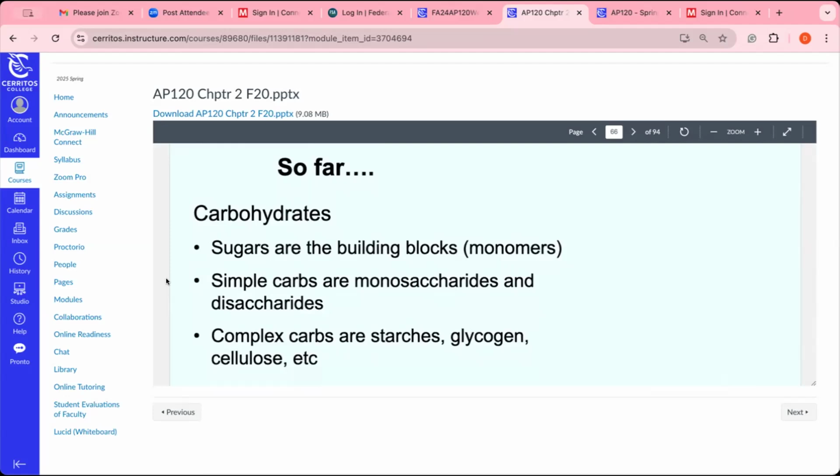Complex carbs are starches, glycogen, cellulose. Cellulose we can't really digest. Like if you've ever eaten celery and you have that green stringy part that you can't chew on and have to throw away, that's cellulose. That's not very digestible for us.